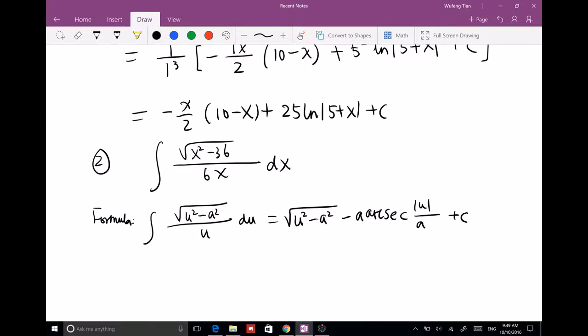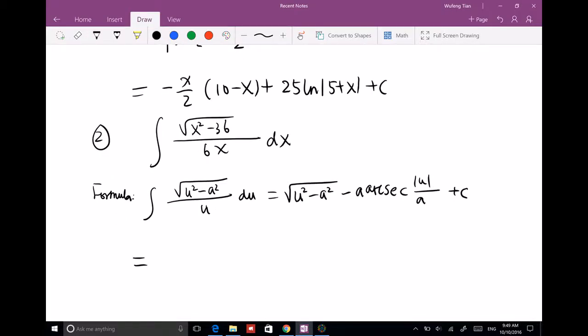Alright. So here I would like to ask another student to help me. Matthew, could you please help me to finish the integral here?